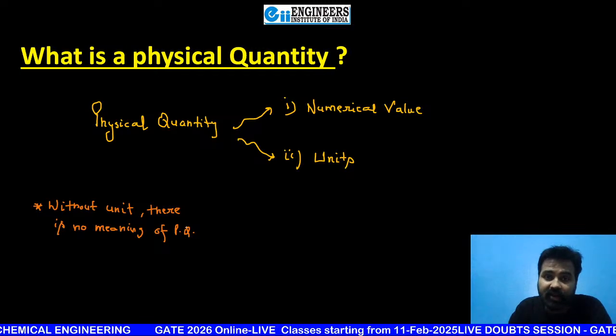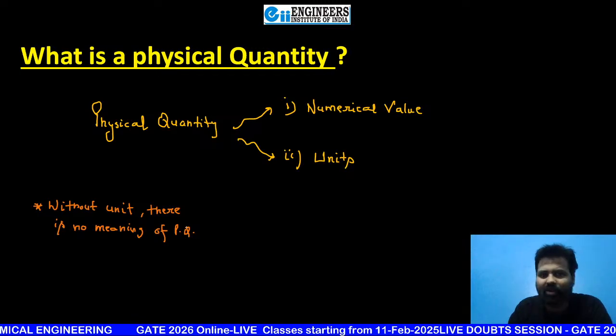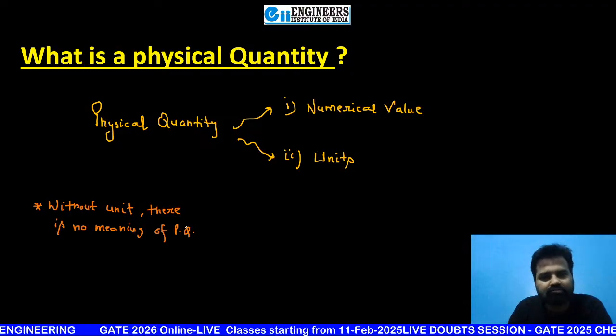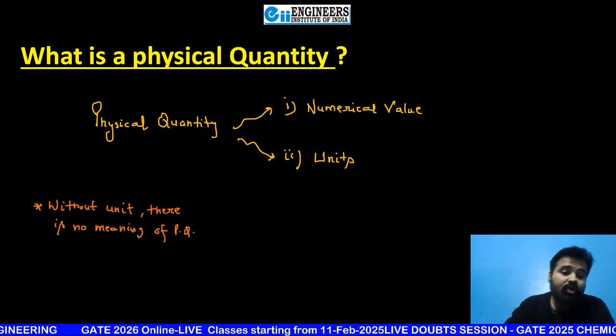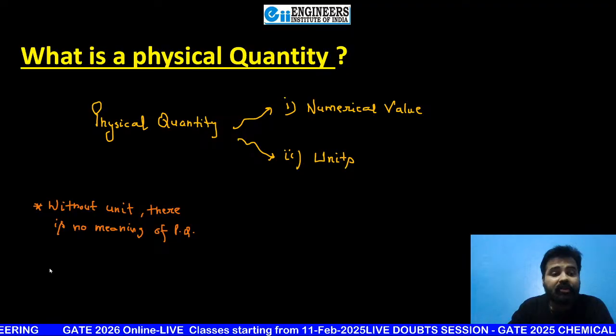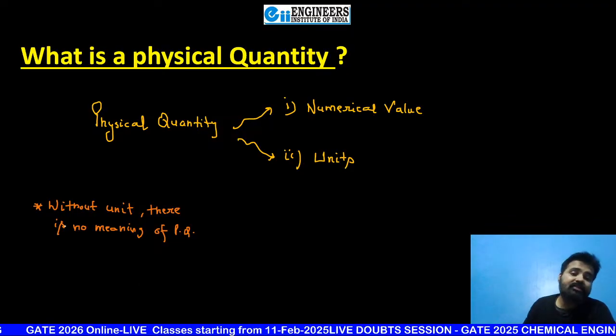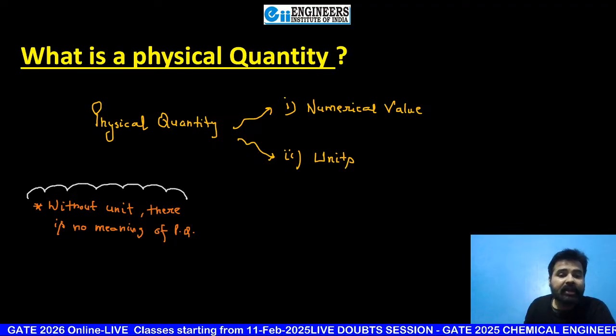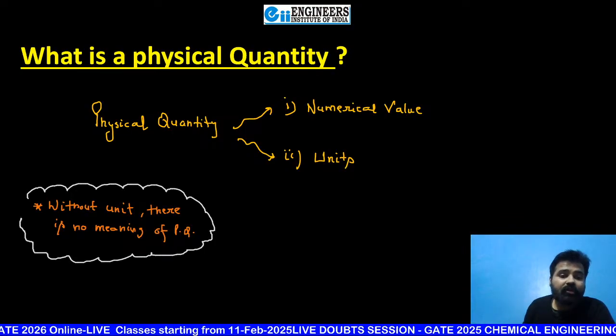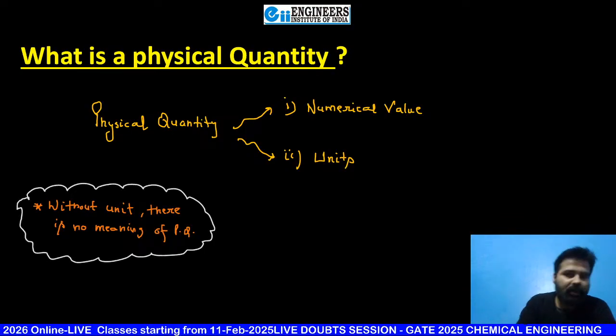Area, sir, 100 meter square or centimeter square or acre or hectare? If you're not telling the unit along with the numerical value, there is no meaning of a physical quantity.